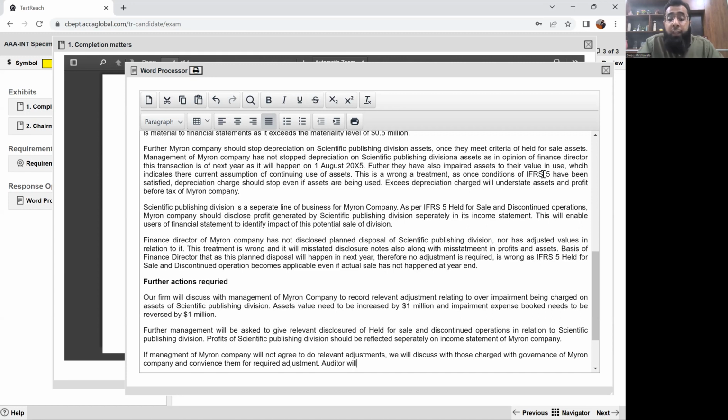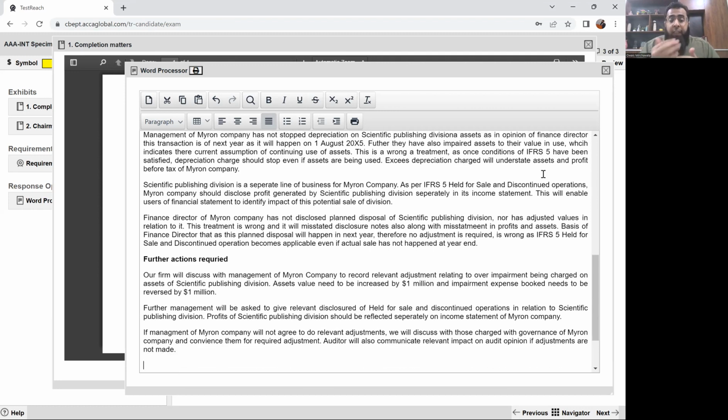The auditor will also communicate the relevant impact on audit opinion if adjustments are not made. Okay, so these are the further actions which we take.